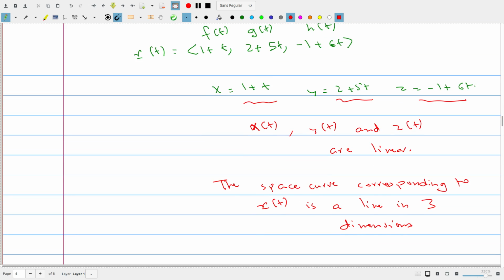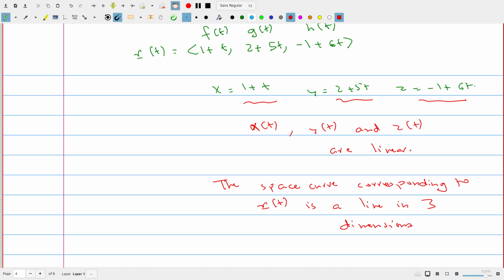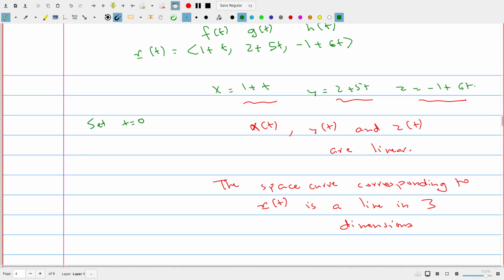Now, how do we draw that line? Well, we know for a fact that in order to draw a line, we need only 2 points. If I set t equal to 0, then x equals 1, y equals 2, z equals negative 1.